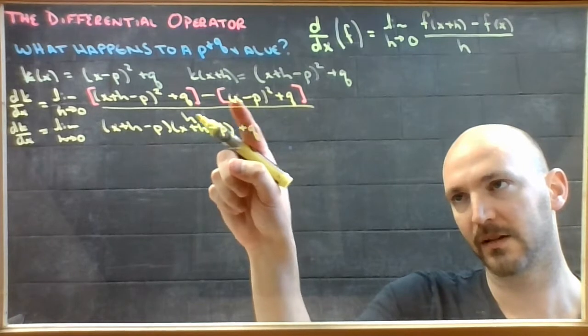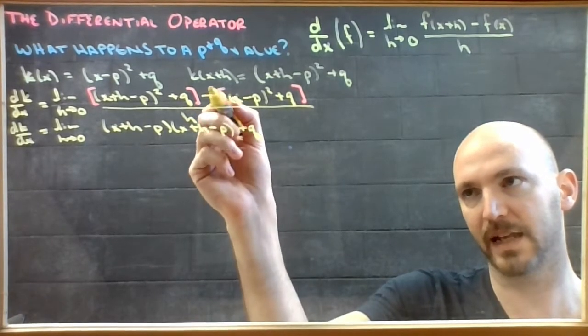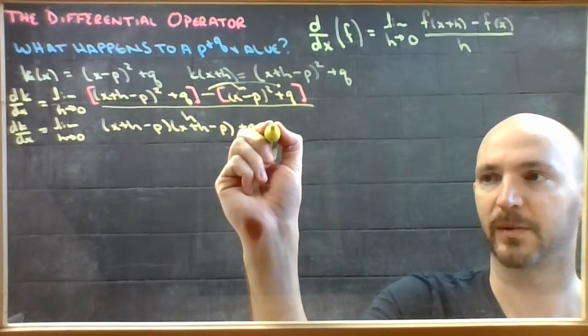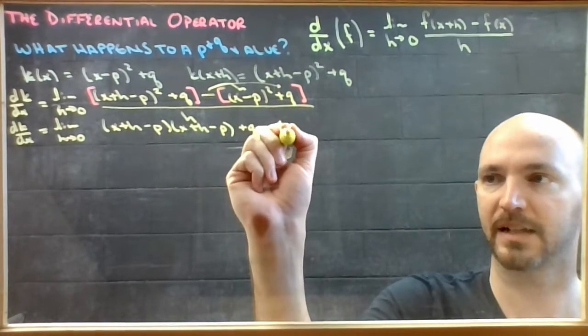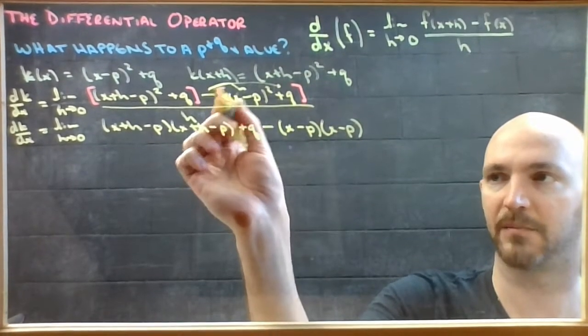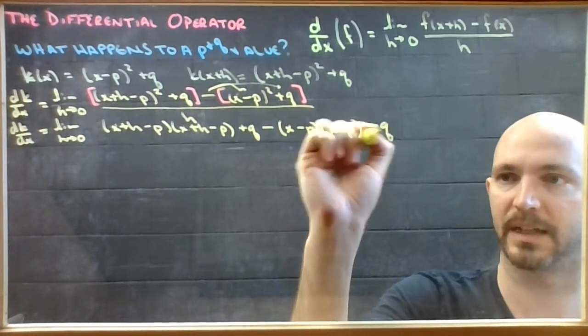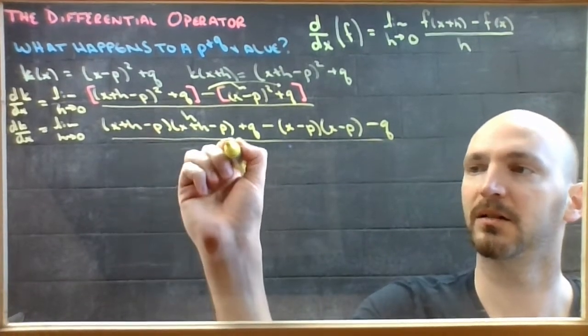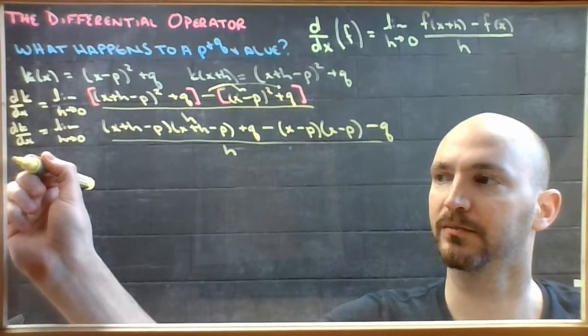This has a negative in front, so that negative is going to affect that p and that q. So we're going to have minus x minus p multiplied by itself and minus q, like that, all over h.